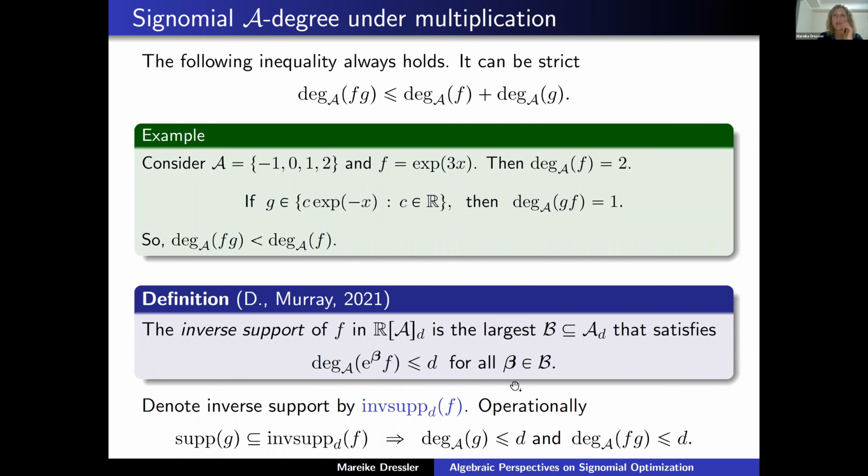Here we put every exponent of a base function in this support set that, multiplied with my incoming Zignomial, just gives me an A degree smaller than or equal to D. This is important later to ensure that the A degrees really do not exceed a certain number.